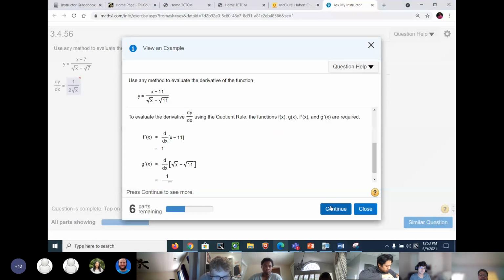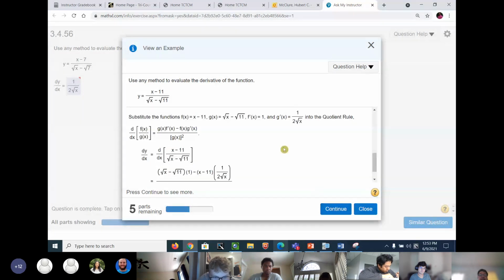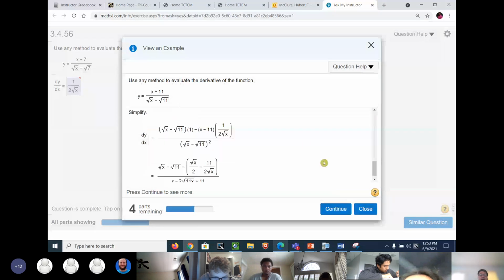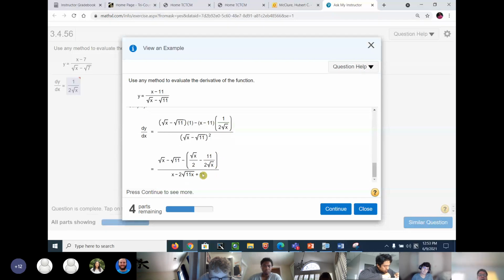We did this first times the derivative of the second, denominator times numerator prime minus numerator times denominator prime over denominator squared. We did that. And we distributed that 2 square root of x. We did that. And we did the second shortcut right there. So we've done everything. So right now, this is where we're going to see what they did.